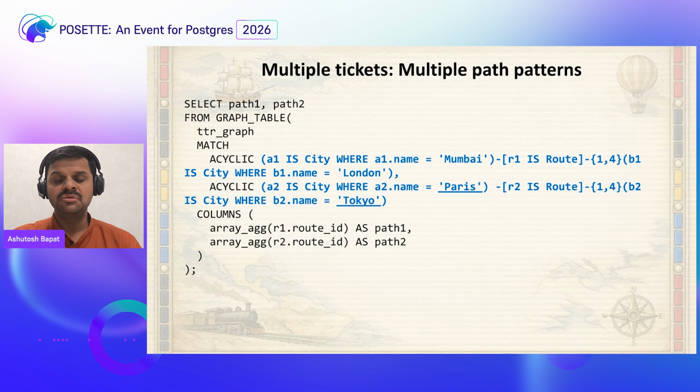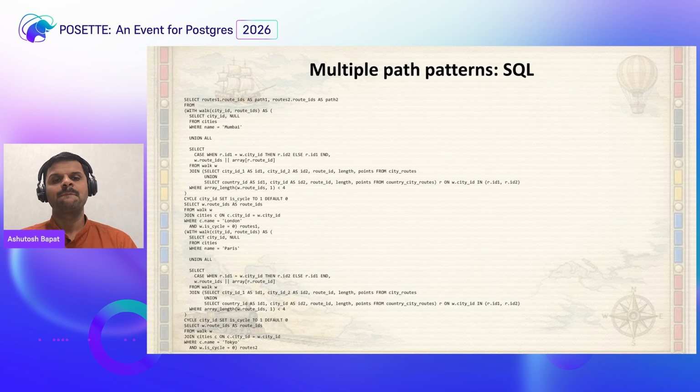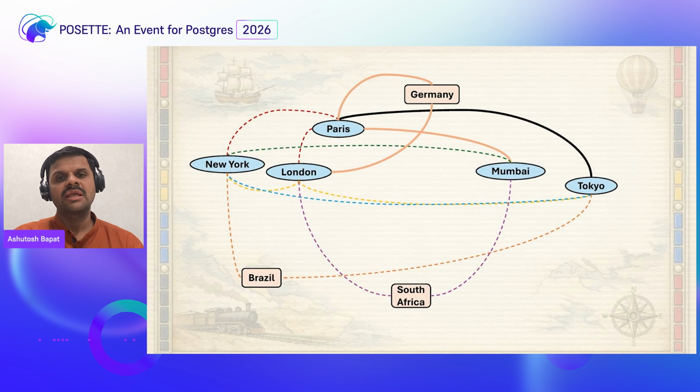Remember, this is highlighted as blue, so there is a patch actually proposed on Hackers for this feature. I won't even bother reading the equivalent SQL. It's too clumsy to even start thinking about it. Here are example routes again: one between Paris and Tokyo, the other between Mumbai and London going through Germany.